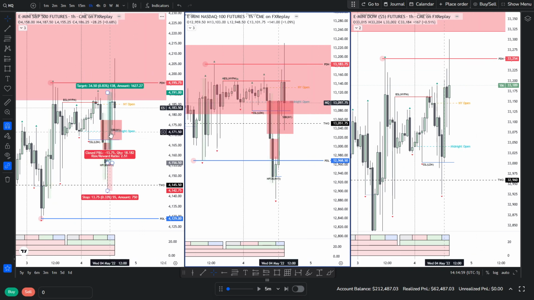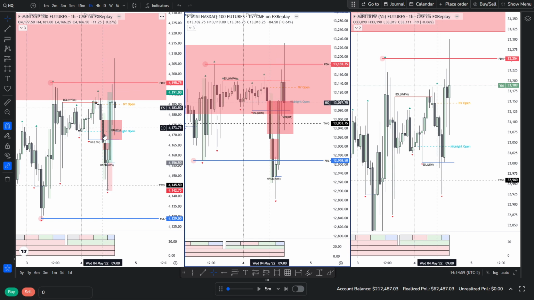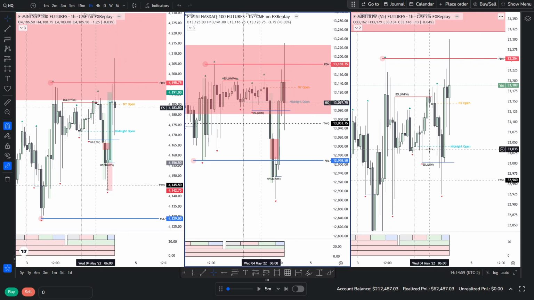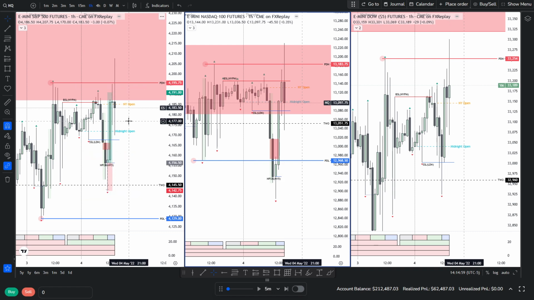They've all traded down into this imbalance here. We can get rid of that, in fact. And if we're out on the hourly, yes, we would anticipate potentially higher prices now.